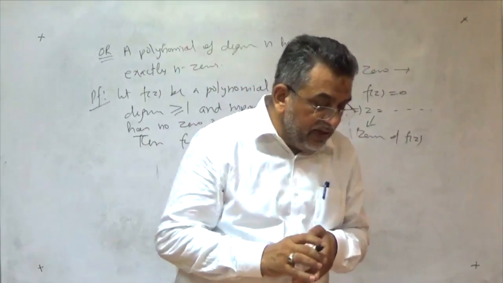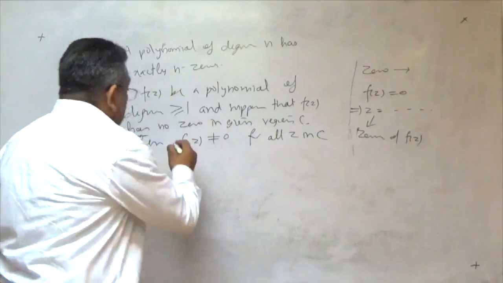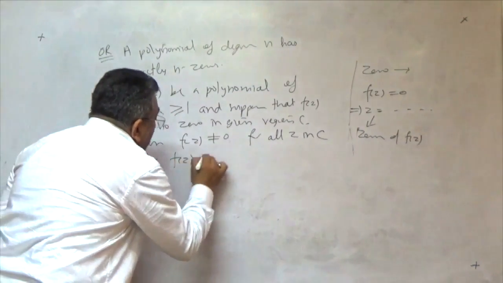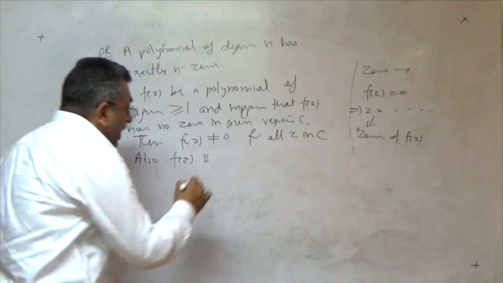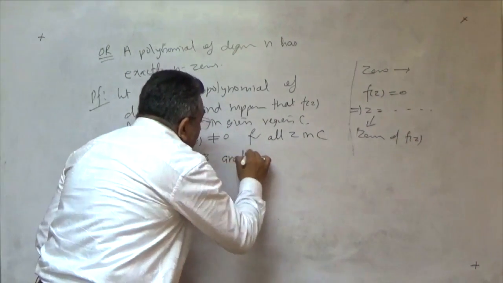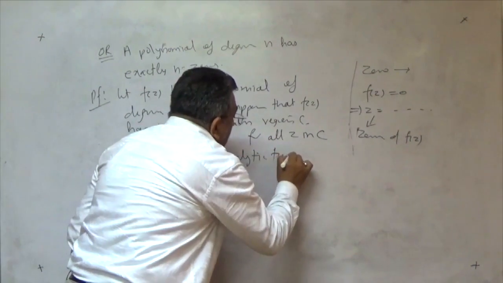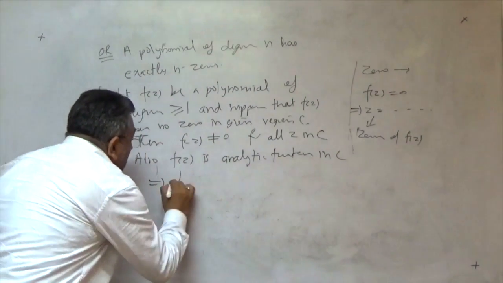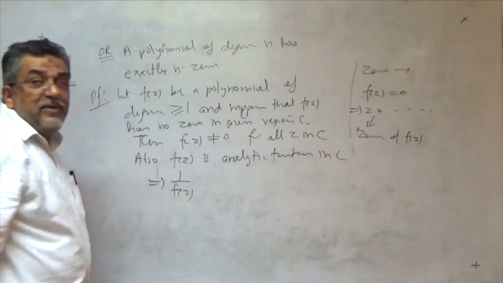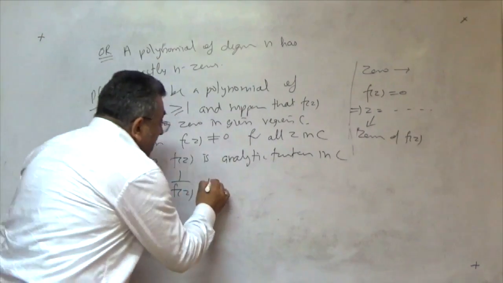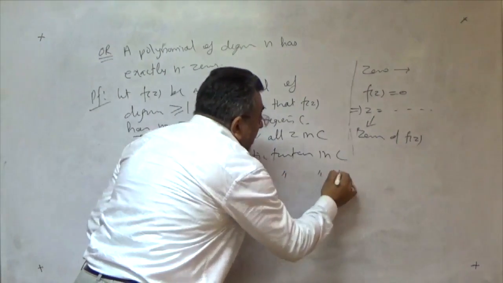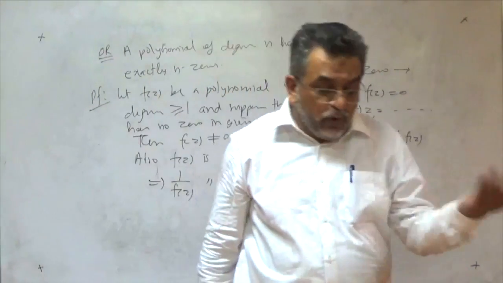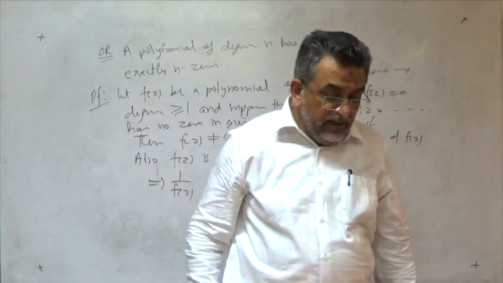So by contradiction, I will prove this. f(z) is non-zero, and given that f(z) is a polynomial, f(z) is an analytic function in C. So its reciprocal 1/f(z) is also an analytic function in C, because the reciprocal of an analytic function is analytic wherever it is non-zero.